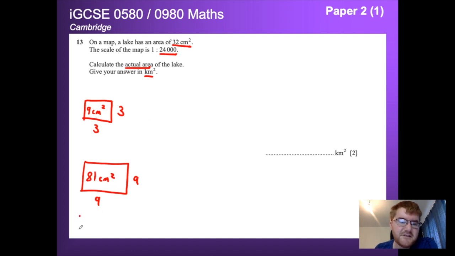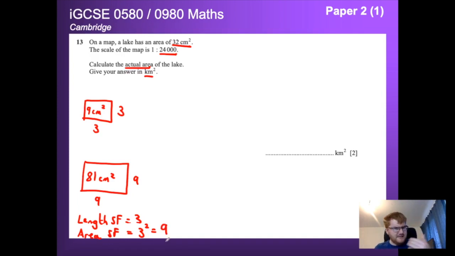Notice my length scale factor here is 3. If I was looking for a length, I could just use my normal scale factor, 24,000. But because we're looking for an area, to go from 9 to 81 we can't just times by 3, we need to times by 3 squared, which is 9. So consider that as we talk through this problem.